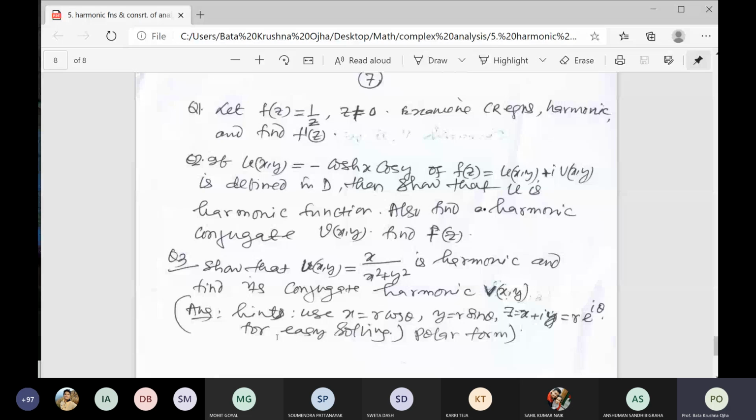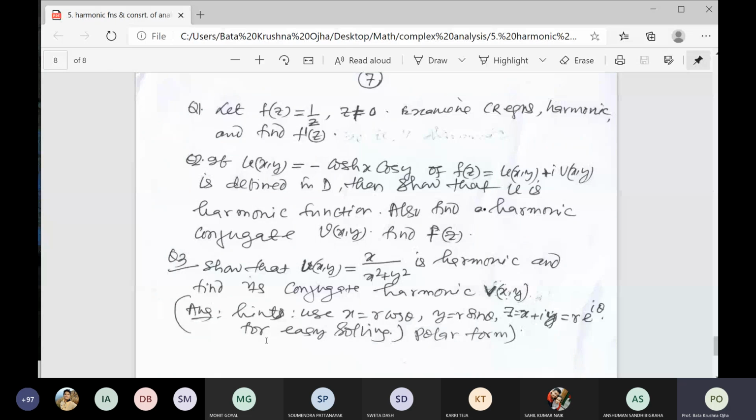You know, derivative of cos x is minus sin x, and derivative of sin x is cos x. For hyperbolic functions, sinh x is equal to e to the x minus e to the minus x by 2, and cosh x is equal to e to the x plus e to the minus x by 2.